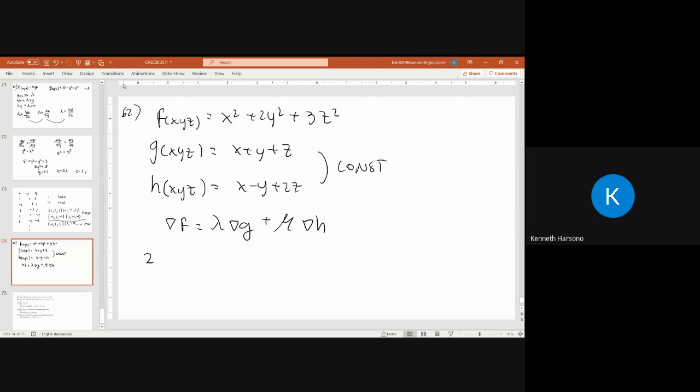So 2x is equal to lambda times the partial derivative of x, which is 1, right? Plus the partial of x of this one, also 1 again, times mu. And derive this one with y, for y, 1 again. Oh, sorry, this one is minus mu.